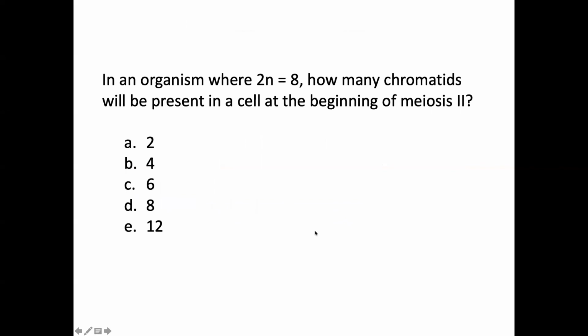Second, in an organism where 2n equals 8, how many chromatids will be present in a cell at the beginning of meiosis 2? You have all kinds of numbers. Think about it. I encourage you to pause here because this question needs thinking.